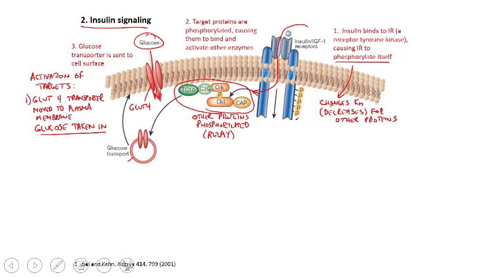So another goal, which is not shown in this diagram, but I'm just going to write it out to tell you about, is that there is an enzyme called glycogen synthase, which synthesizes glycogen. And it becomes activated.